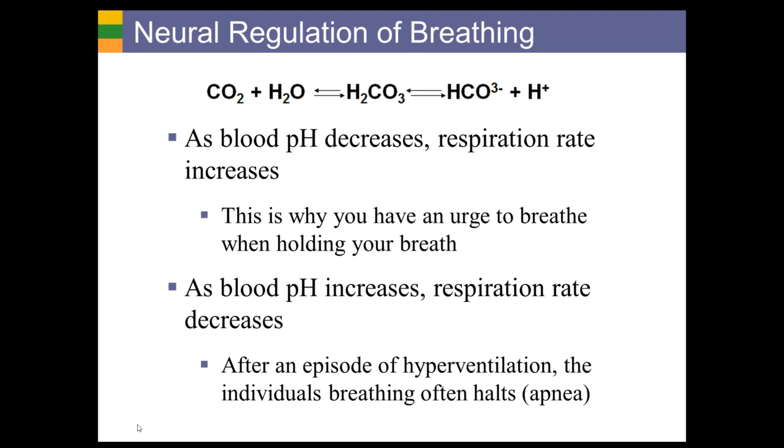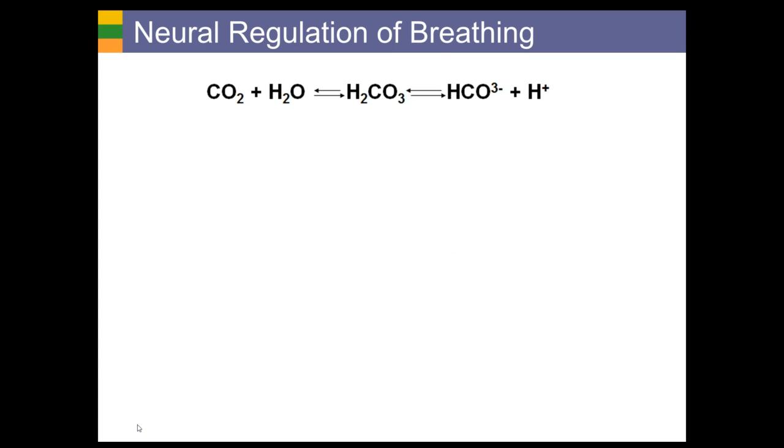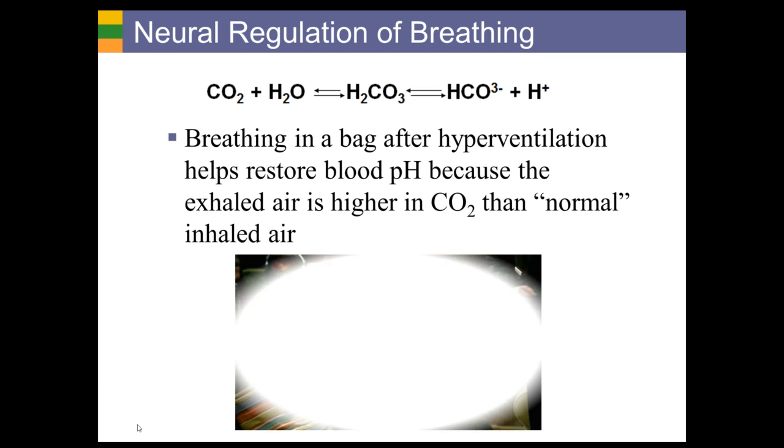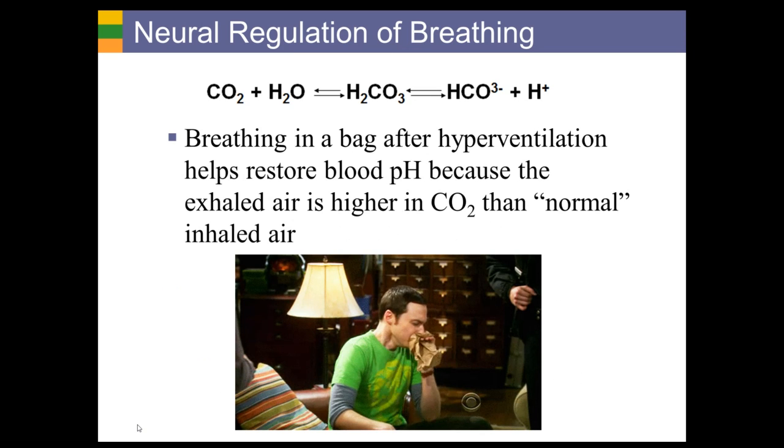Again, the medulla oblongata is responding to, in this case, an increase in pH and is trying to bring it back down to the normal range. This is also why historically they'd have people breathe into a bag when they were hyperventilating, because they're rebreathing the exhaled air, and that's going to help restore the carbon dioxide levels in their blood.